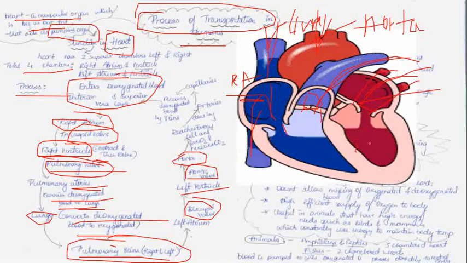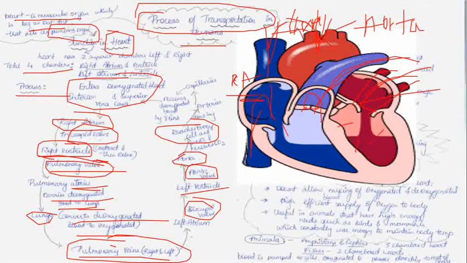So as the left ventricle contracts, the blood passes out through the aorta. Now what happens in the passage of blood to every part of the cells? What is the function of the aorta? From the aorta, arteries branch out.